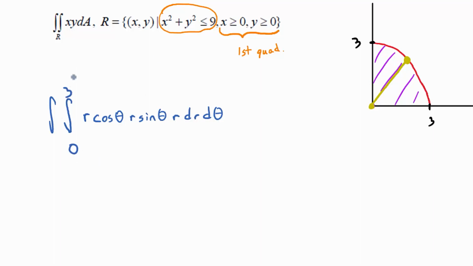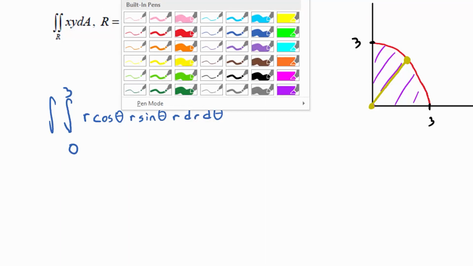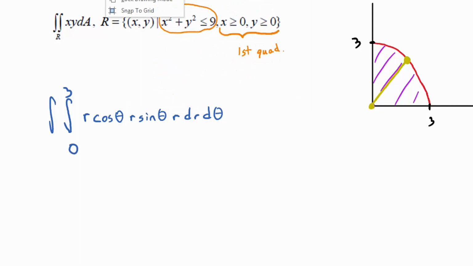Okay, now, here's a good way to visualize it. If I draw a little line segment here, so here's my spoke, right? I have to scan the entire region with that spoke. So how is this angle changing? What's the low? What's the high? 0 to pi halves. And how does that simplify?